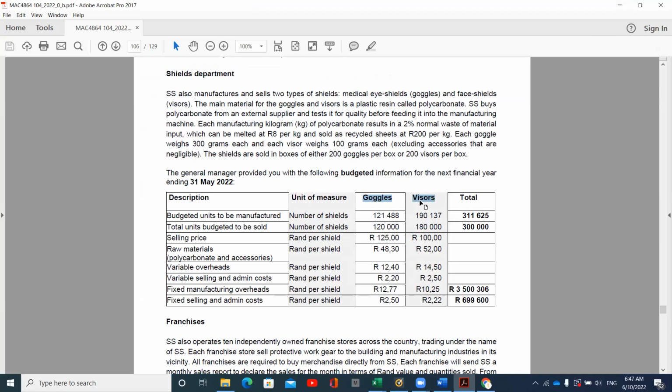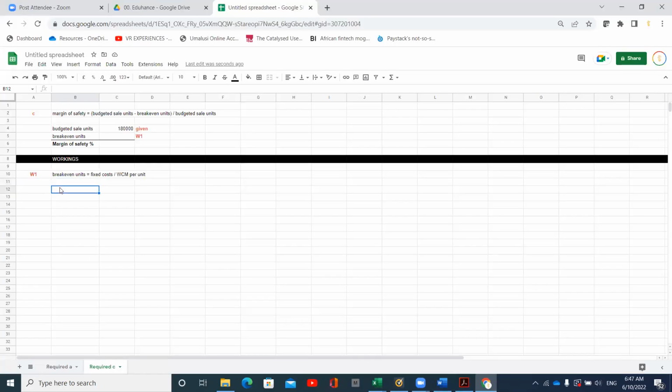Okay, so now we need to work out all of those items. That means we're going to need fixed costs, and we're going to need weighted contribution margin per unit, and then that's going to give us break-even units. So let's go and work it out.